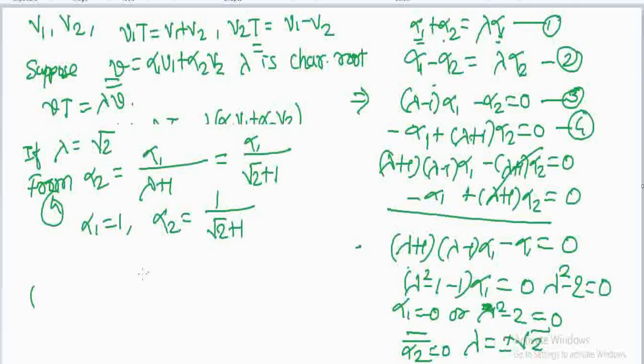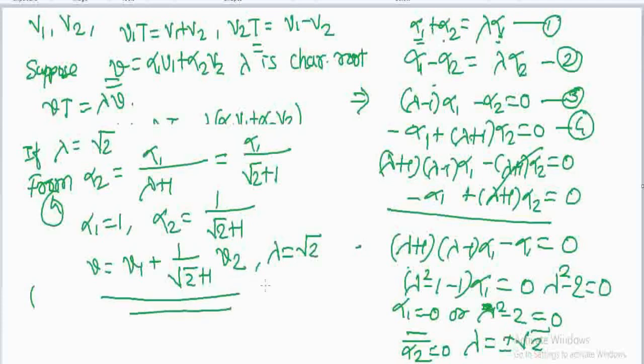Right, so substituting this value, we get v equal to alpha 1 means 1, v1 plus 1 divided by under root of 2 plus 1 into v2. So corresponding to lambda equal to under root of 2, we get this corresponding vector, right? And this is for alpha 1 equal to 1, you can choose another value also.